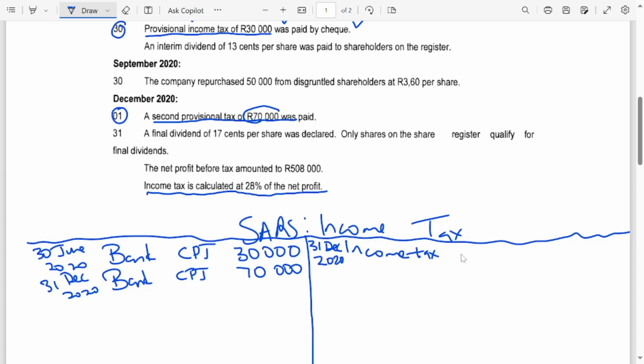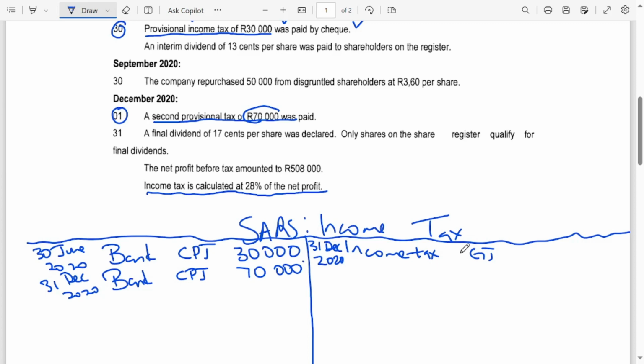2020. Now, it is GJ because in here, for this income tax, we are not making a payment. We have already paid the income tax on the debit side. We've already paid it to Sars. It is just that the one that we're going to record here on the credit side is the accurate amount of the tax that you are supposed to pay.